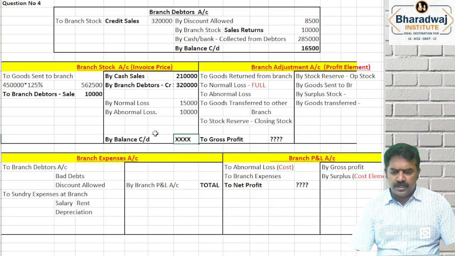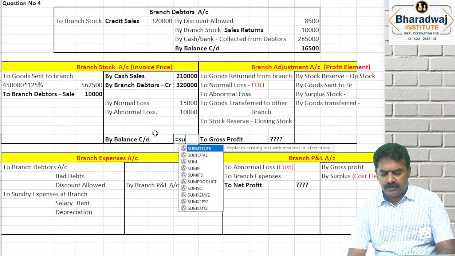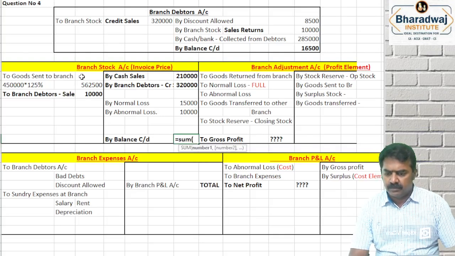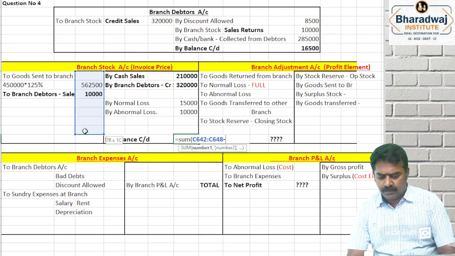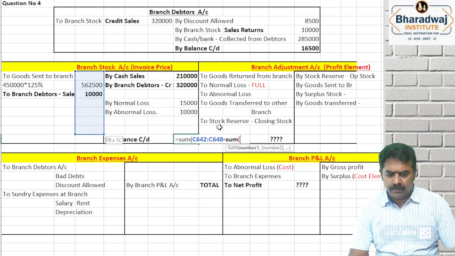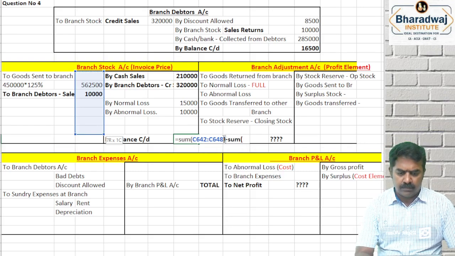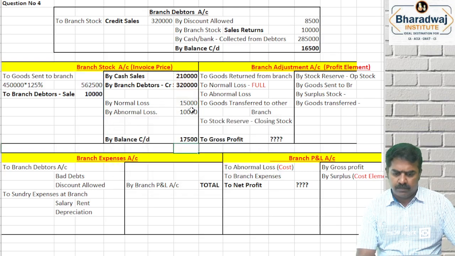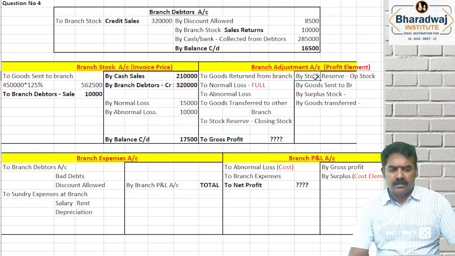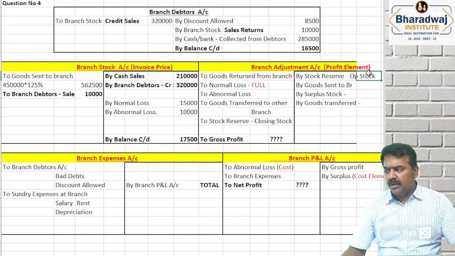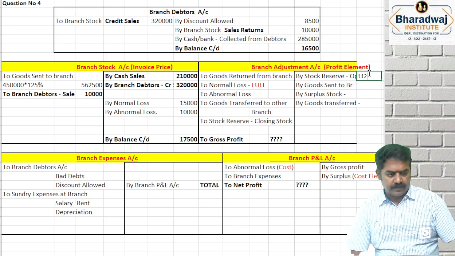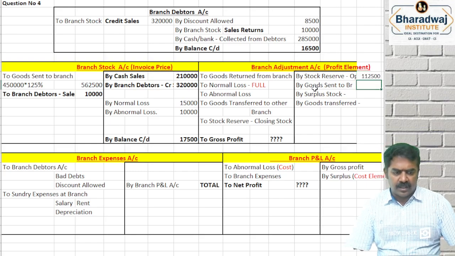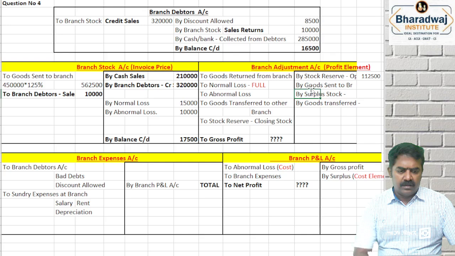What is the closing stock balancing figure? 17,500. Then stock reserve on the opening stock: 5,62,500 into 25 by 125, how much will come? 1,12,500. No other thing.